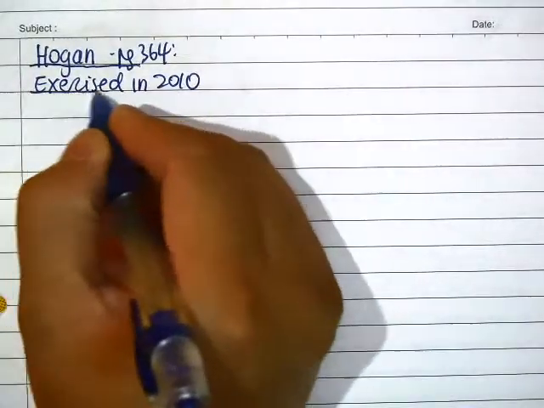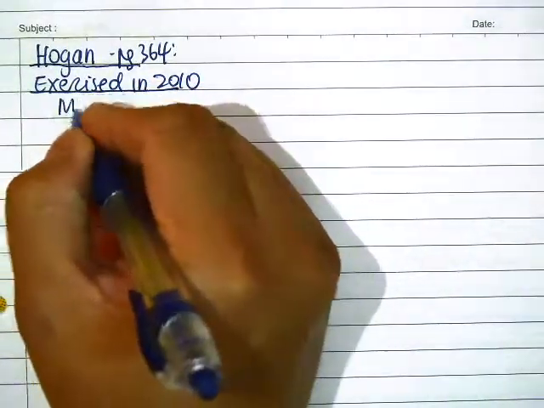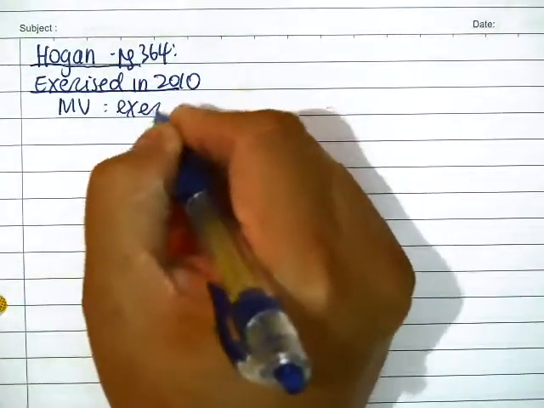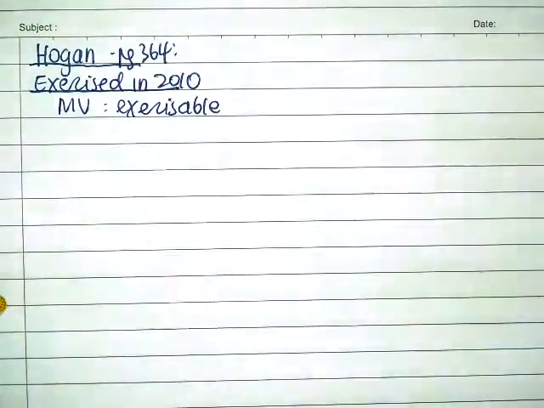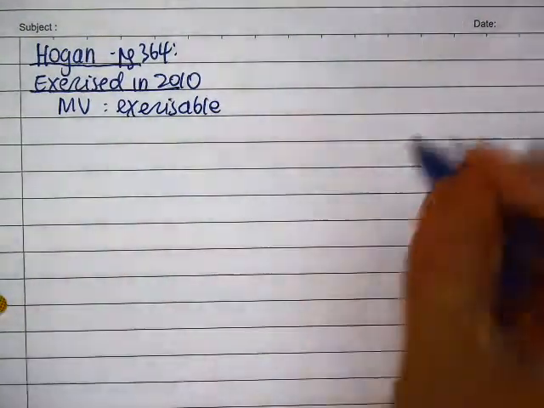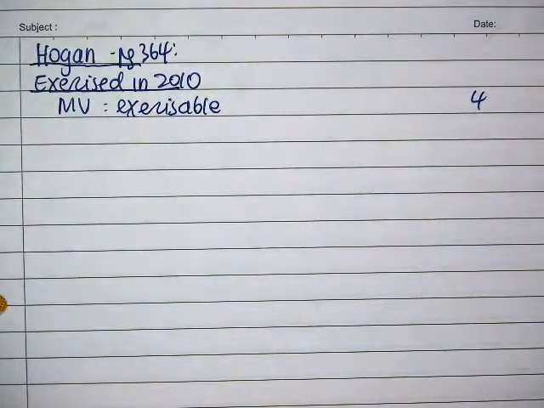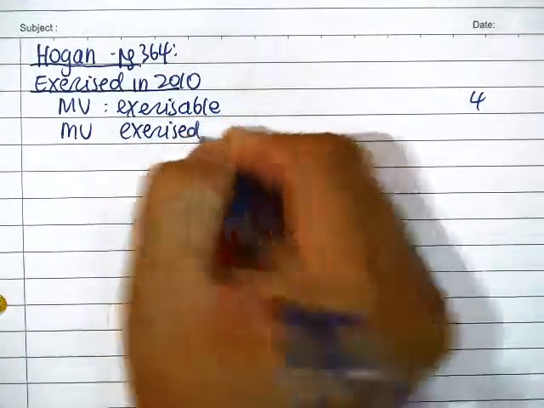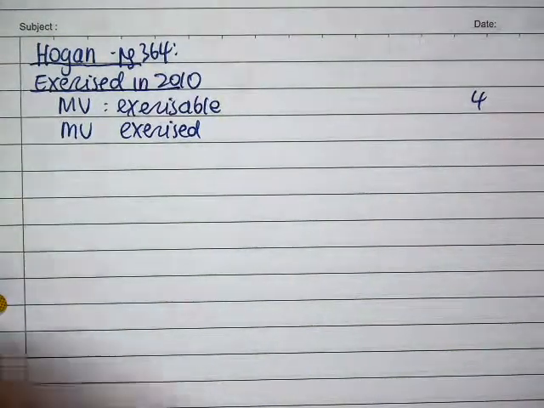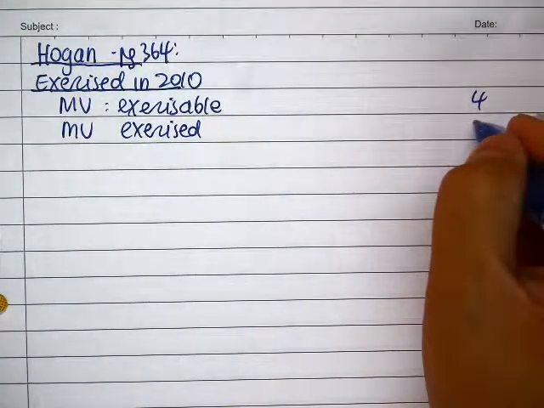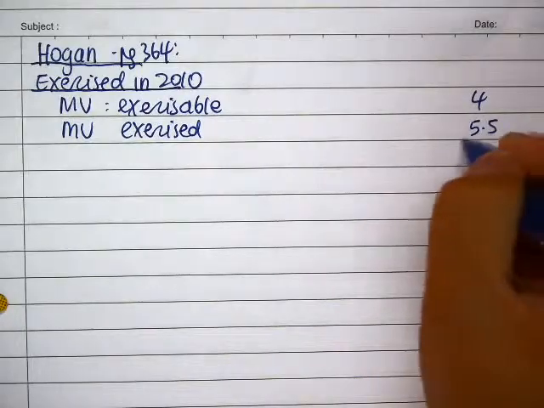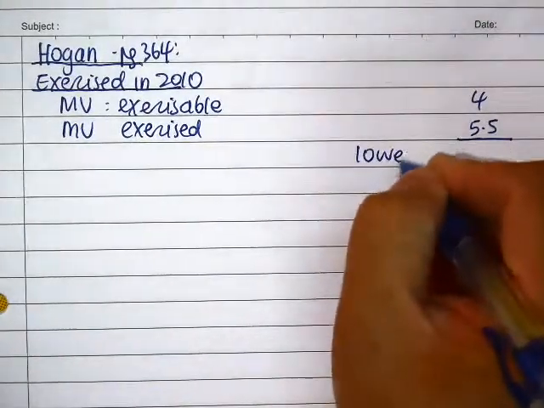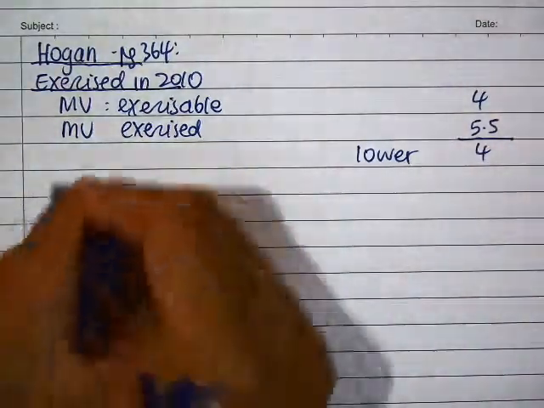The market value when it becomes exercisable is 4 ringgit. The market value when you exercise is 5.50. So the lower is 4 ringgit.